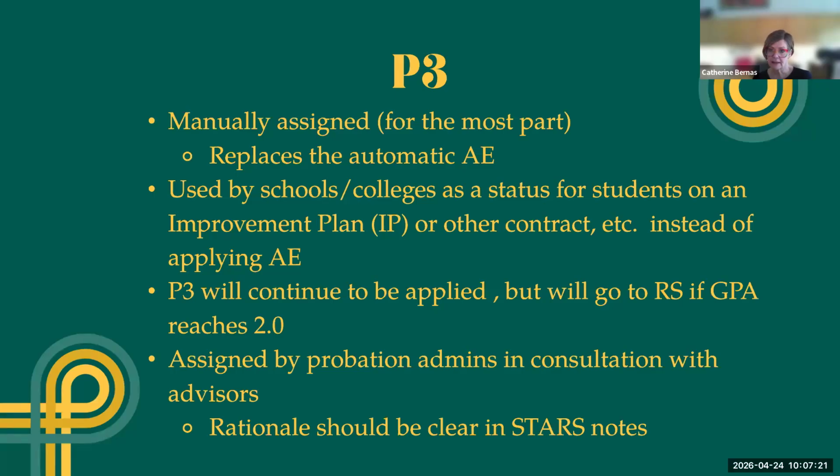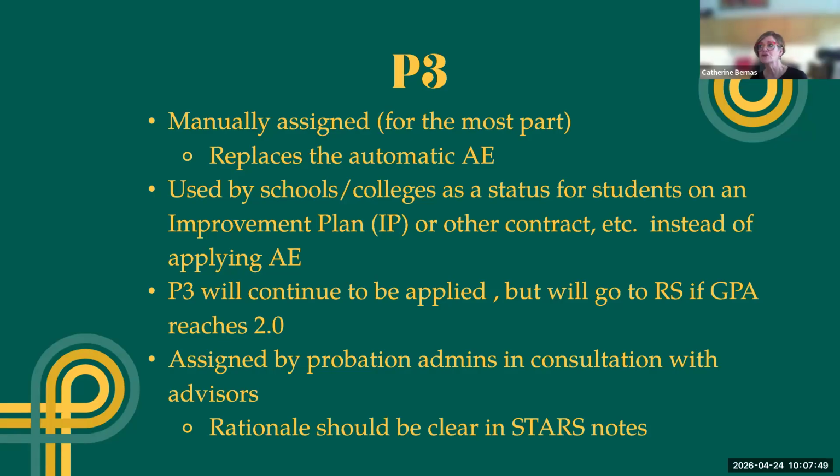And we also decided as a university that different schools and colleges, people that handle probation, can use the P3 as a kind of placeholder when they don't want to exclude a student. They don't want to have the AE showing up in a report, and they want to manually change the AE that would normally be there to a P3.